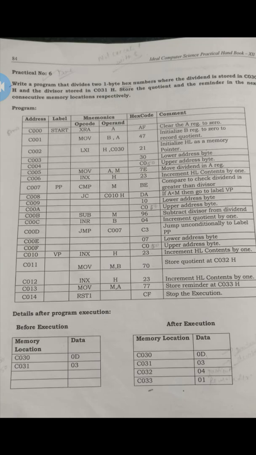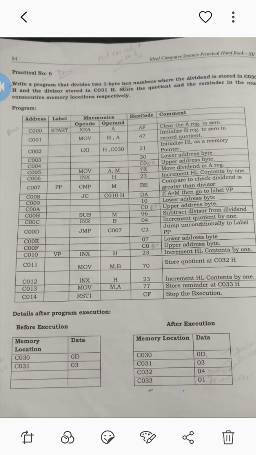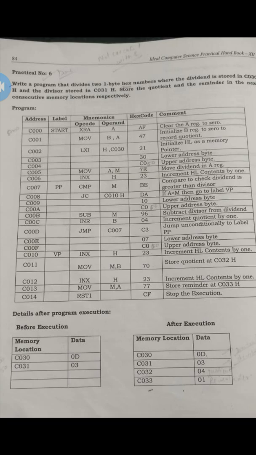Why do we have to increment the HL contents by 1? Because look at the before-execution part. The last memory location was 6031, from where we get the divisor, and the HL register was pointing to that memory location. If we get a condition like the dividend is smaller than the divisor, it means we cannot do further division of these numbers. So we have some remainder, and now we have to stop the process.